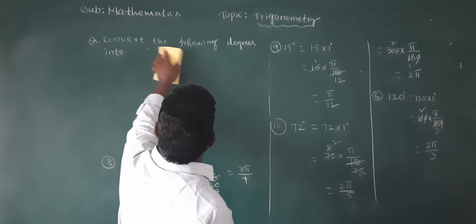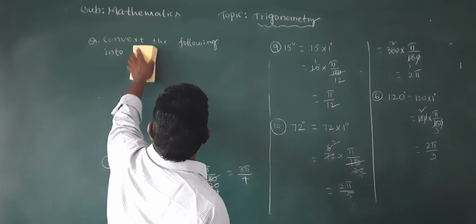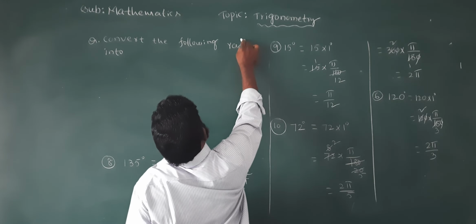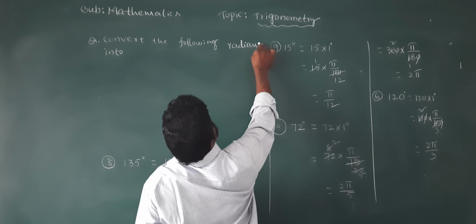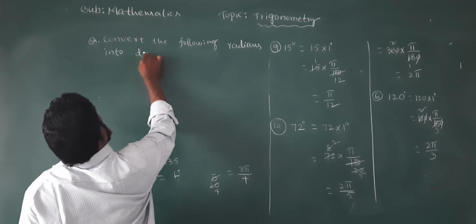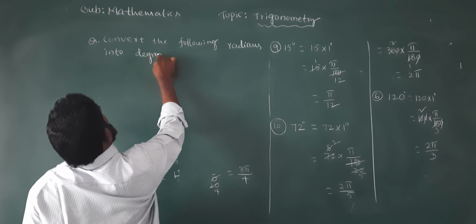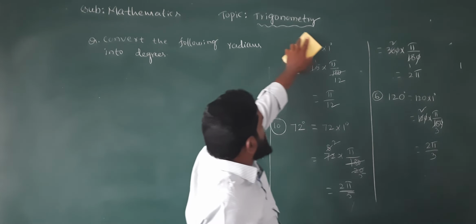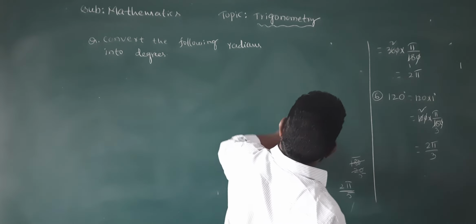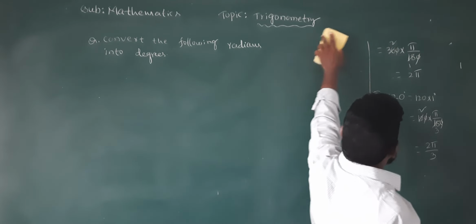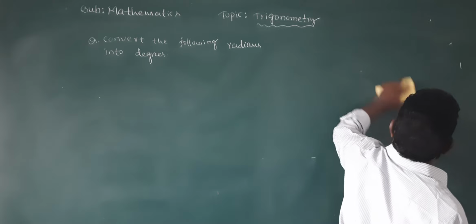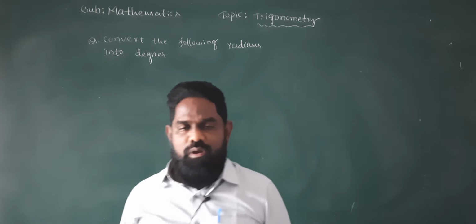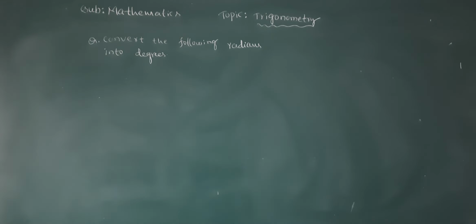Okay. Now let us see some another problem. Convert the following radians into degrees. Let us see how do we take them. Another question is convert the following radians into degrees. Whatever radian is given, we can convert into degrees. Wherever pi value is there in radians, pi radians equals how many degrees? 180 degrees.